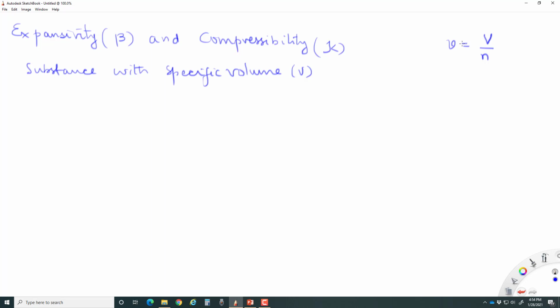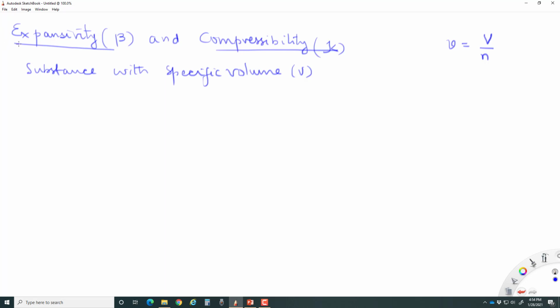To explain the response of the substance to a change in temperature or pressure, we use these terms, expansivity and compressibility. That's why they are also called response functions. Okay, so let's define what these things are.